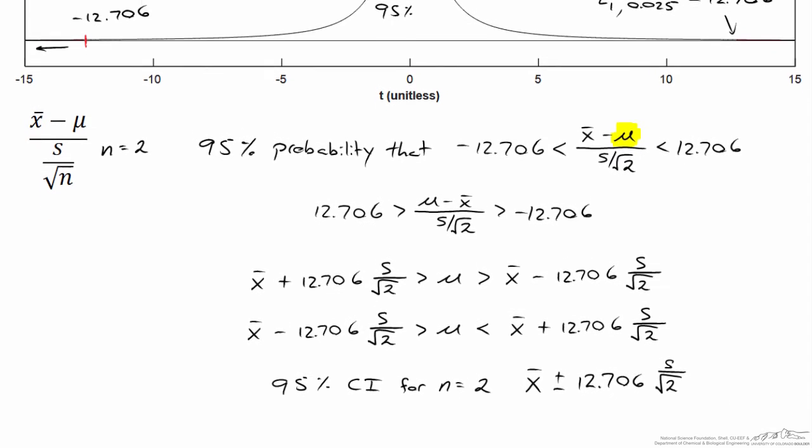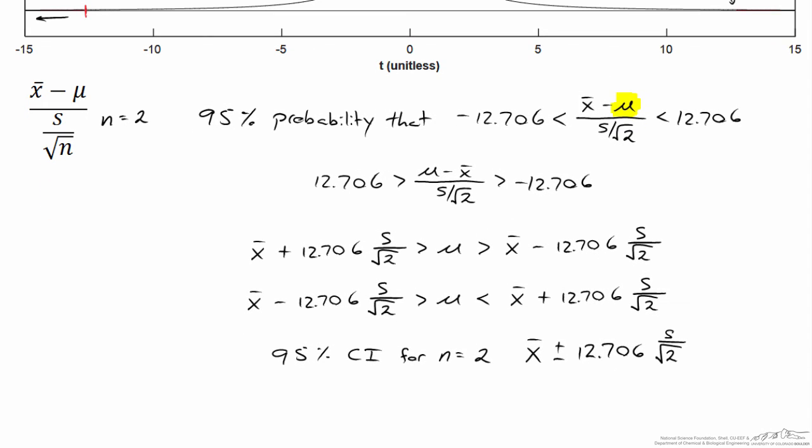Let's do something similar. Instead of a sample size of 2, let's calculate a 95% confidence interval for n equal to 30. So for n equal to 30, I've still got x bar plus or minus. Now this is a smaller value. I get a value of 2.045 times the sample standard deviation divided by the square root of 30.